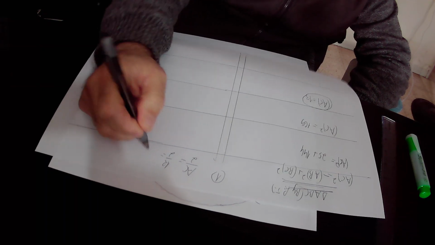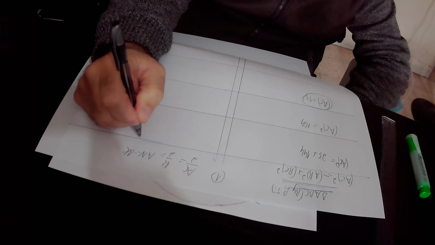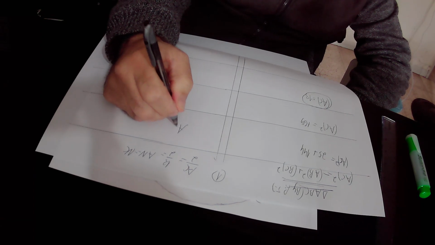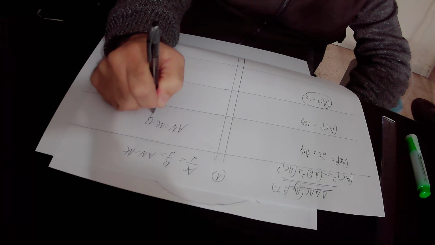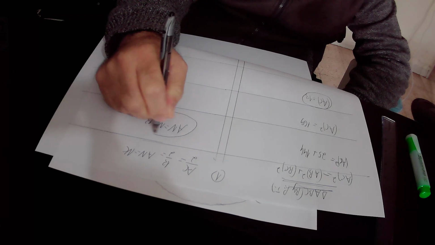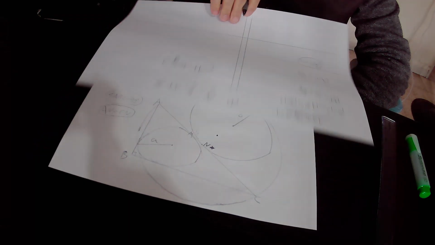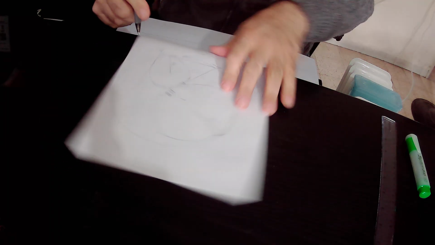Again, AN equals NC equals 13 over 2. I found out that the second half NC equals 13 over 2 units in its length.